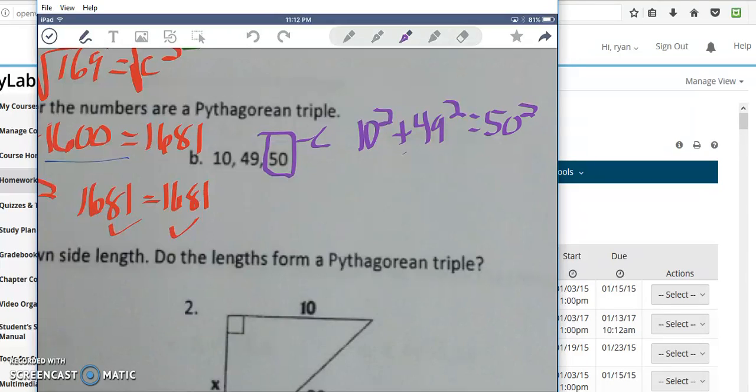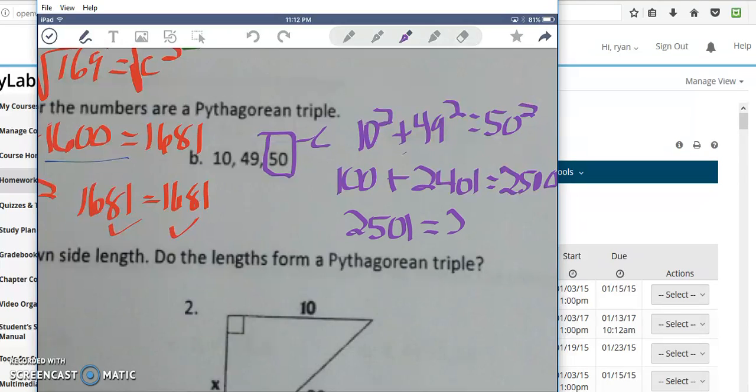Let's see if this is a Pythagorean triple by them actually adding up to equal each other. 10 squared is 100. 49 squared is 2,401. 50 squared is 2,500. So when we add the left side, we end up with 2,501 is equal to 2,500. These are not equal to each other, so therefore this is a no. This is not going to be a Pythagorean triple.